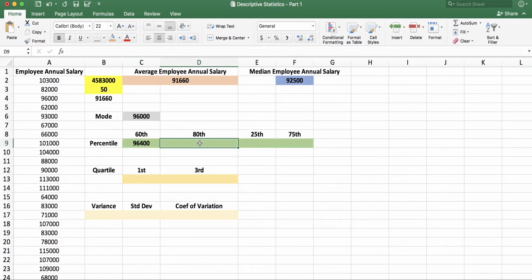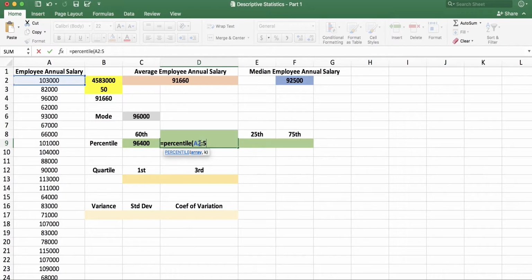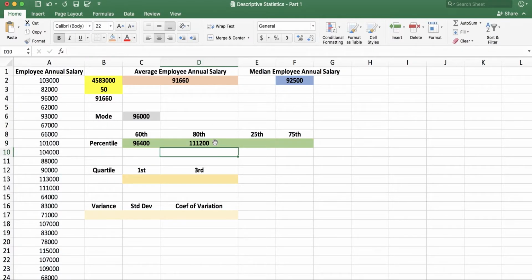Let's repeat it for the 80th percentile. Again, A2 up to A51. This time for the 80th percentile, I enter 0.8, and that will give me 111,200. That is the 80th percentile.